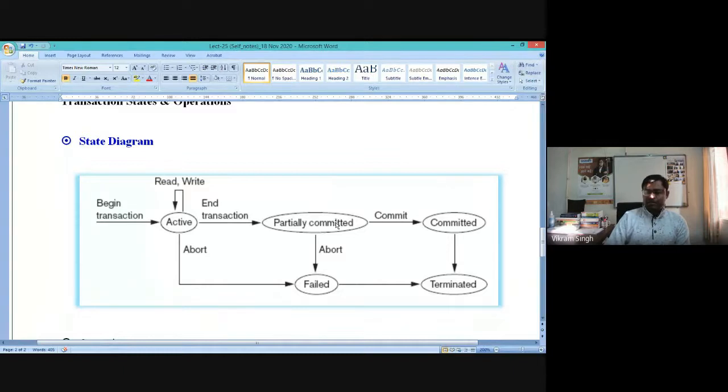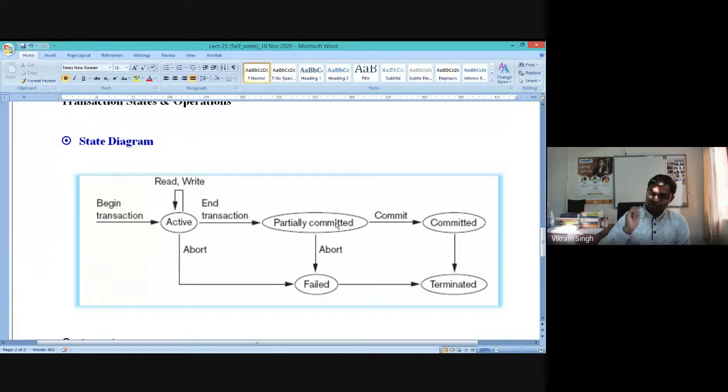Partially committed means whatever changes you have made to the particular data item, like suppose you have requested an amount transfer to your family member's account. The amount which you have, okay, 10,000, out of which 5,000 has to be transferred.